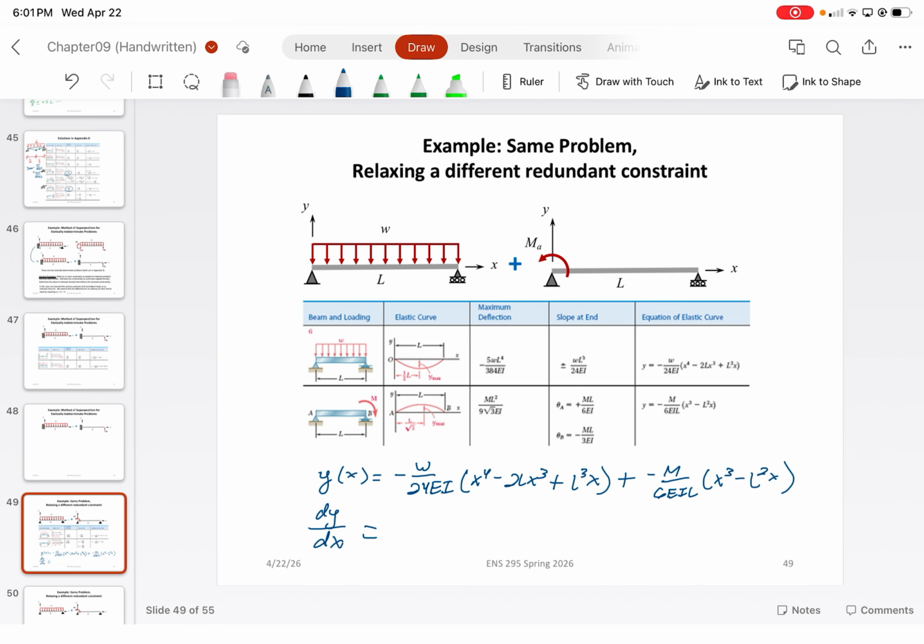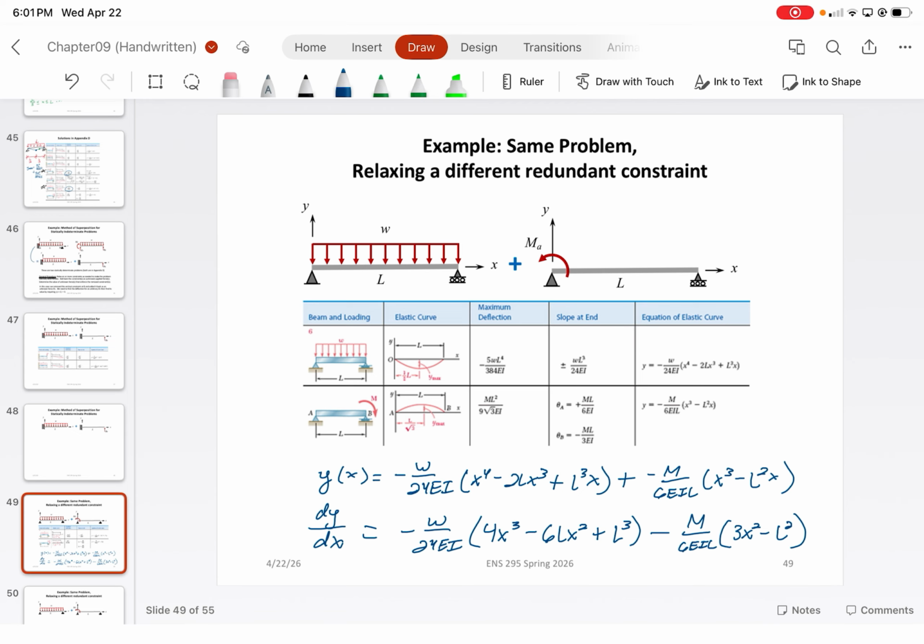And from there, this would just be negative w over 24 EI times 4x cubed minus 6lx squared plus l cubed, minus M over 6EIL times 3x squared minus l squared.